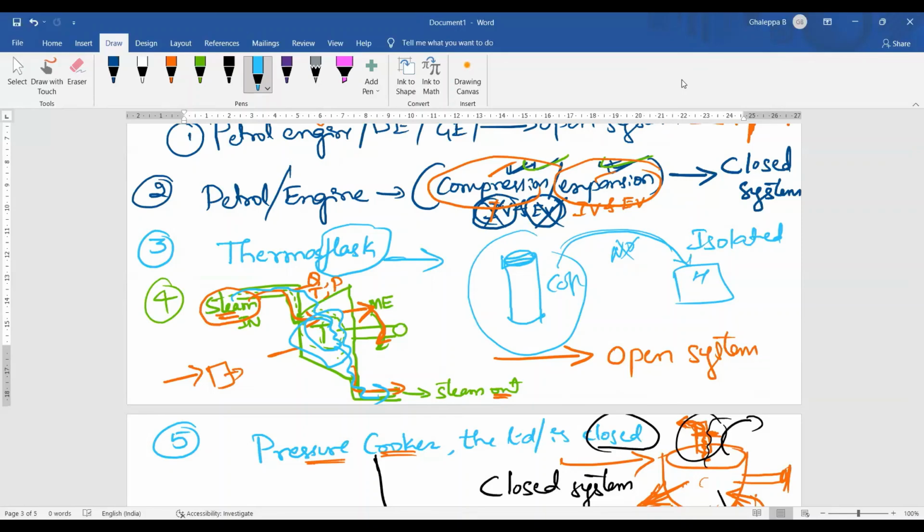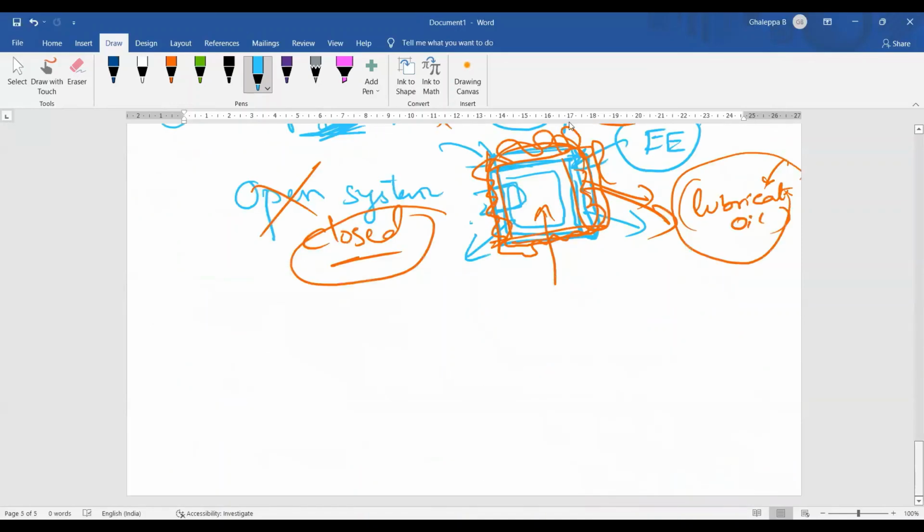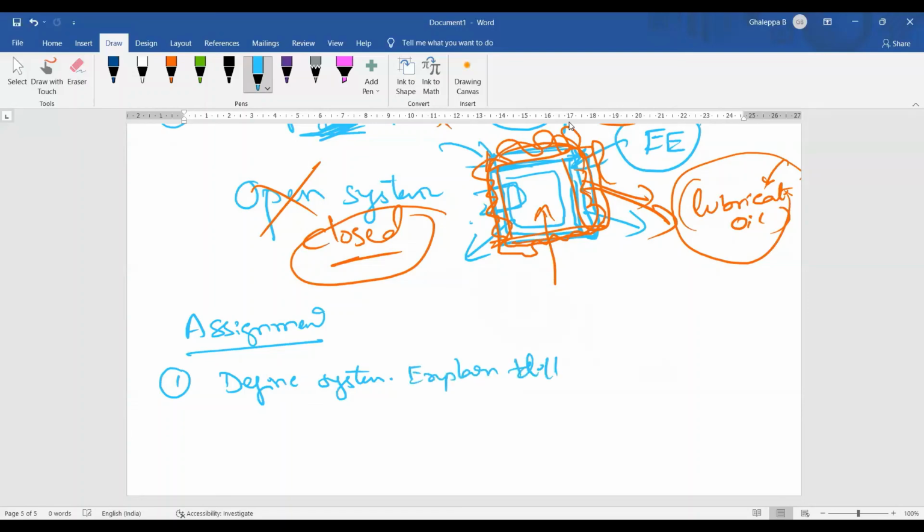You identify whether each is an open, closed or isolated system. The assignment is: define system and explain different types of thermodynamic system with examples. It will be asked for 10 marks.